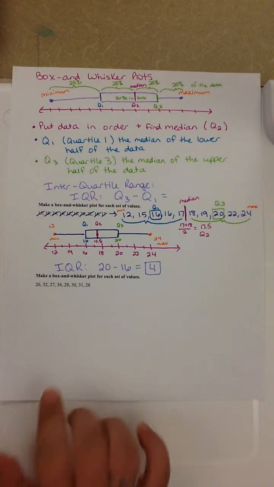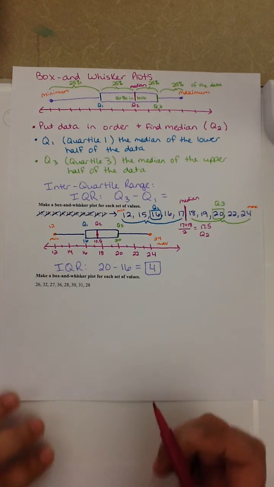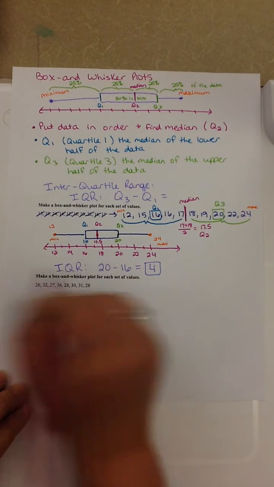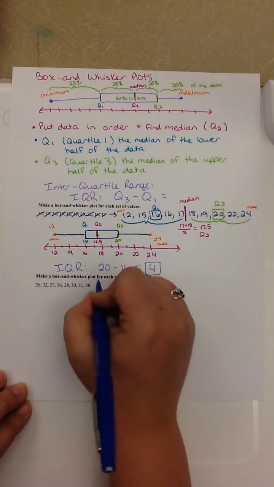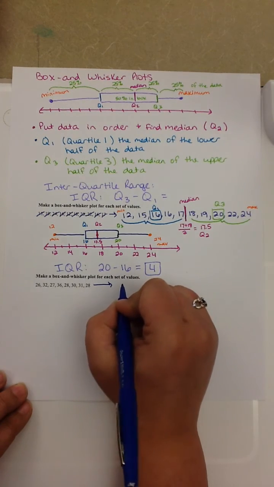Okay, I would really like it if you would pause and try to do each step of this next one on your own. So see what the first step is, pause and try to do that. So the first step is to put our data in order.